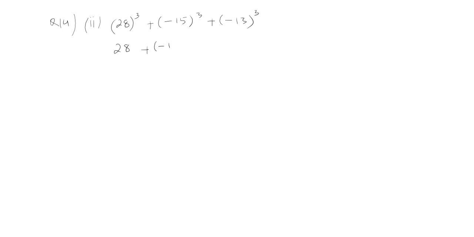Whatever value is given, I'll add them without taking the cube. Rest everything will be there. Yes, it will be 0. You can see very clearly minus 15 and minus 13 gives you minus 28, and this 28 is already existing, so that means this result is 0.